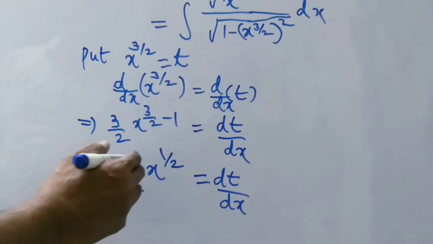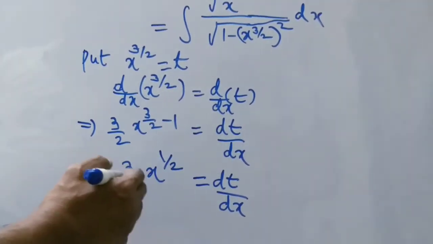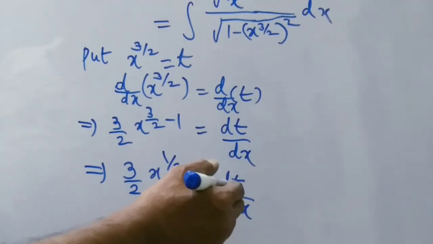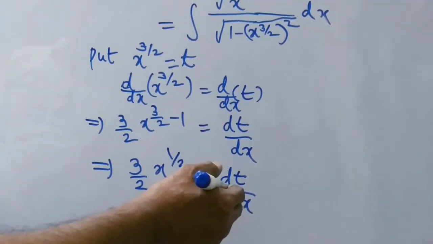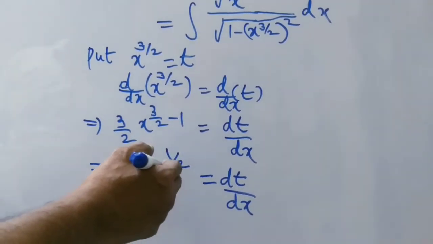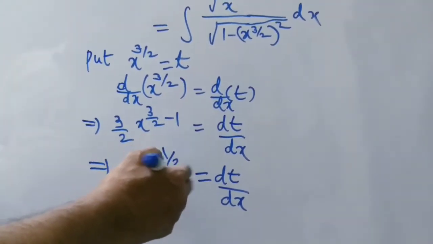On transposing 3 by 2 to the right side, it becomes 2 by 3, and dt by dx can also be transposed to the left side, multiplying with x to the power of 1 by 2.